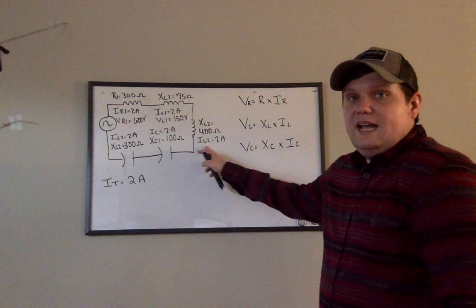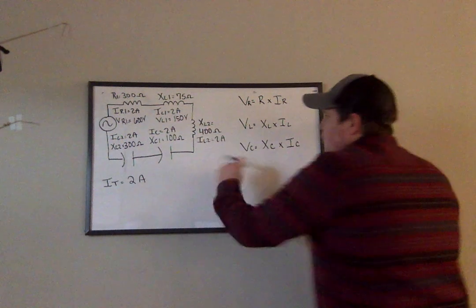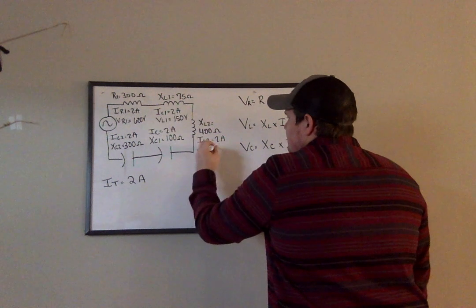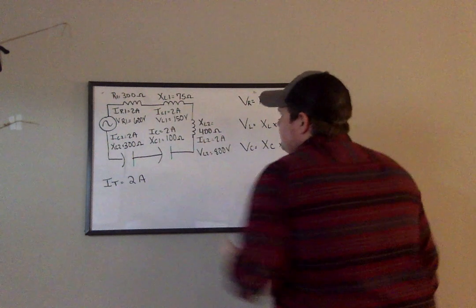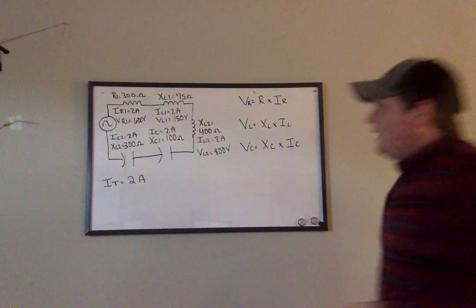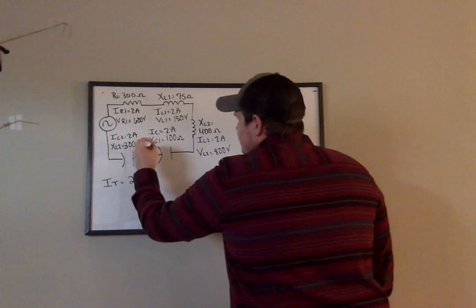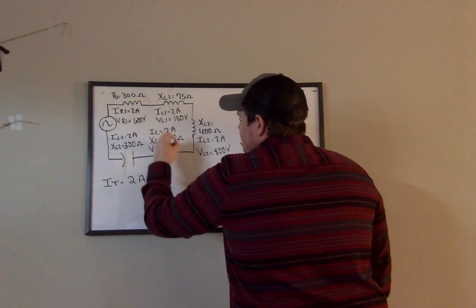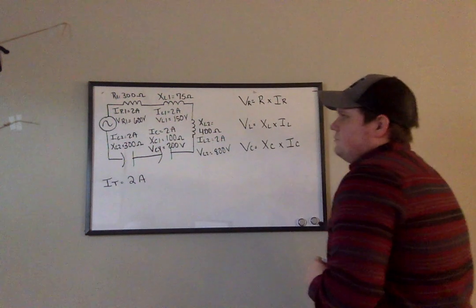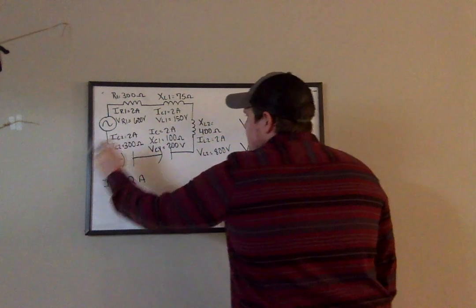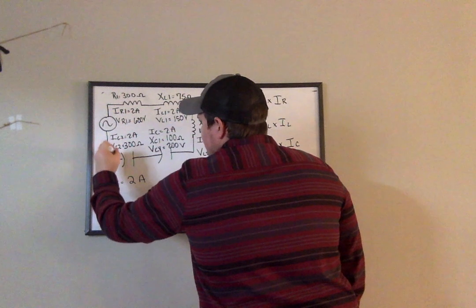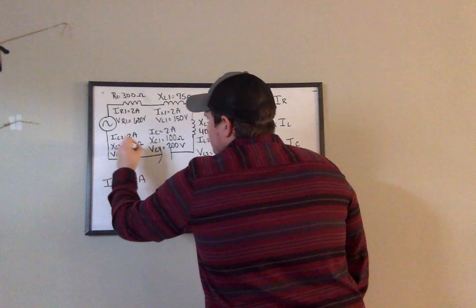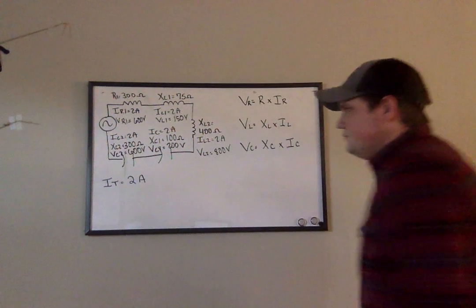XL2 is 400 ohms, and 400 times 2 gives me a VL2 of 800 volts. Across the capacitors, 100 times 2 gives me a VC1 of 200 volts, and VC2 is 300 times 2, which is 600 volts.